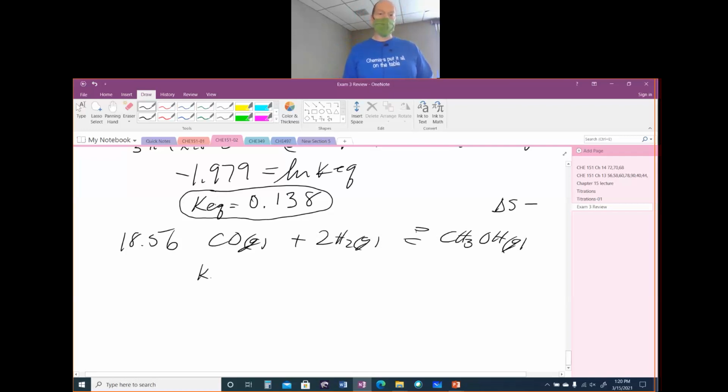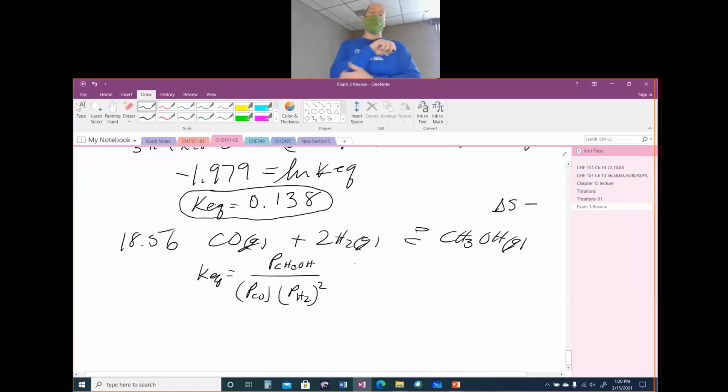It is to do the KEQ. If you have gases, they have to be in pressures. All of these are gases, so they all have to be in pressures. And when you have an expression where everything is in pressure, that is also Kp.